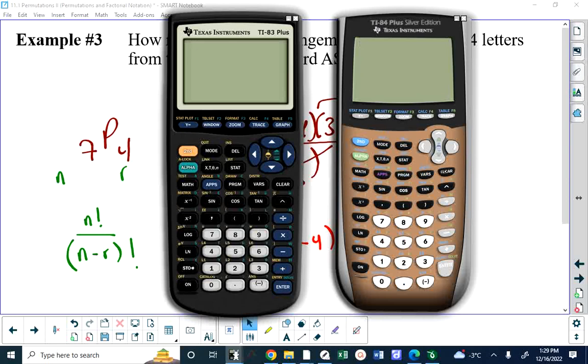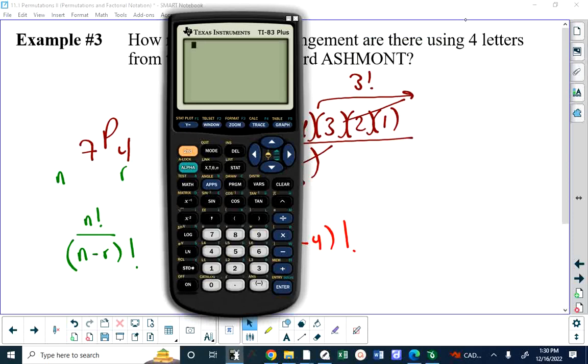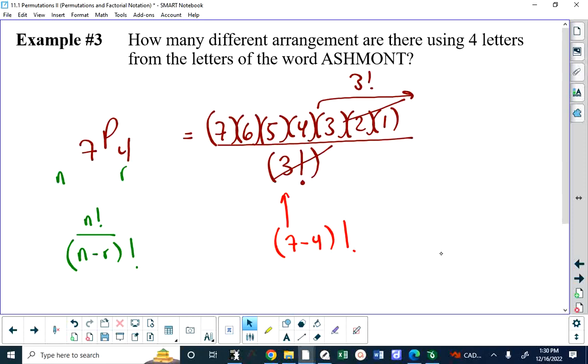So on the most current TI model, you can actually put the numbers in there. On an 83, I'm assuming an 84 doesn't have that option. Okay. On an 83 or even an 84, it doesn't have that option. So you wouldn't worry about it. You would just enter it. It looks clunky. It looks wrong. I mean, that doesn't look right. That's not how we write it. But that's what it is. Okay.